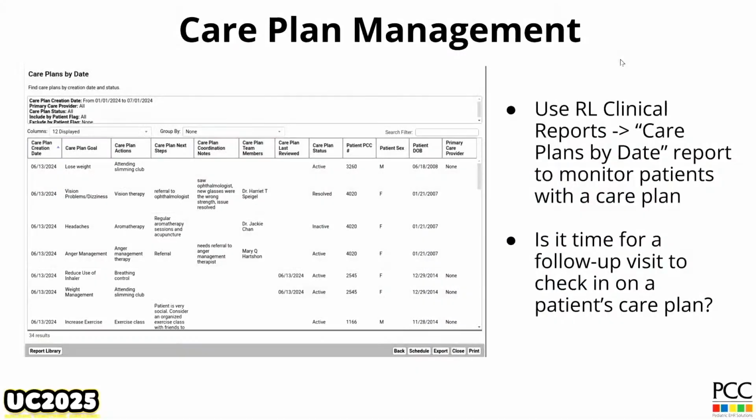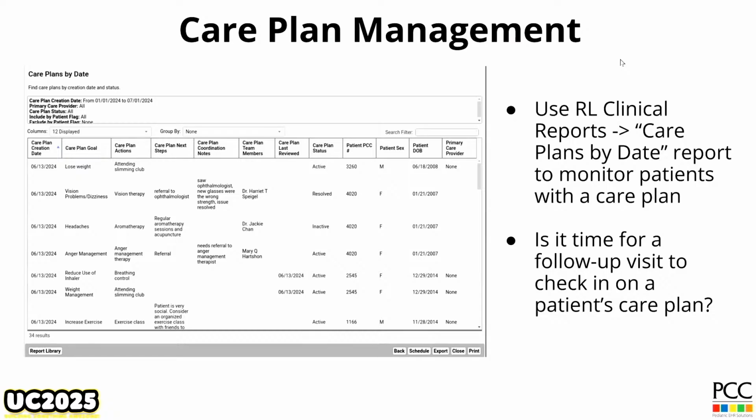All right, population management. So let's talk a little bit about some recall reports. The first one, care plans by date. You'll see this in the clinical reports category in the EHR. This identifies any patients that have a care plan assigned to their record, and you can filter on various things.